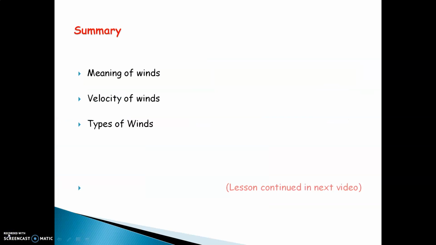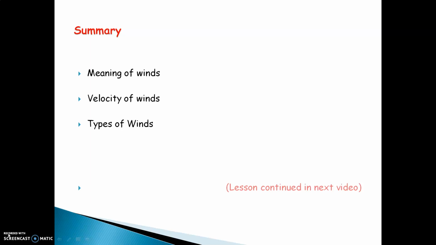We will learn the types of winds in detail in the next video. Let's summarize what we have learned. Today we have learned the meaning of winds, that is, movement of air in a horizontal position or slipping position is called winds. Velocity of winds.